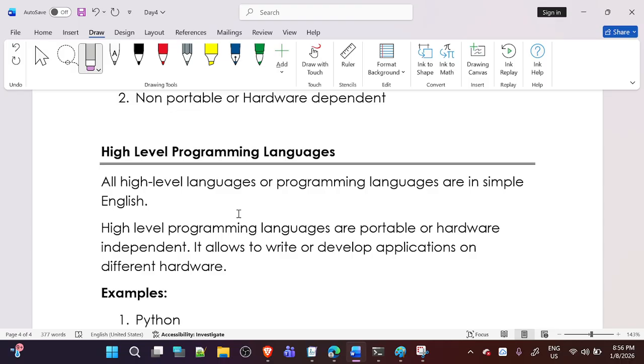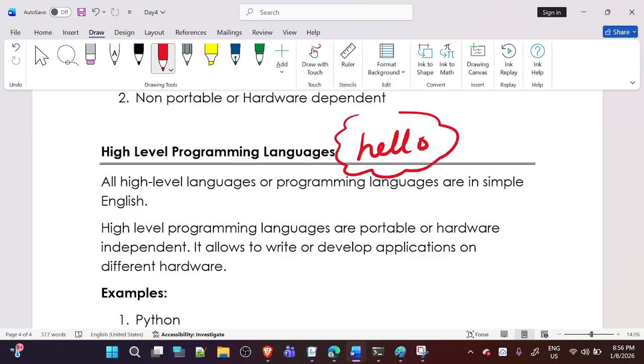Programming languages are divided into two categories, one high and one low. A high level programming language means the language syntax looks like an English sentence, but it is not exact English. When you want to say hello in English, you simply say hello.